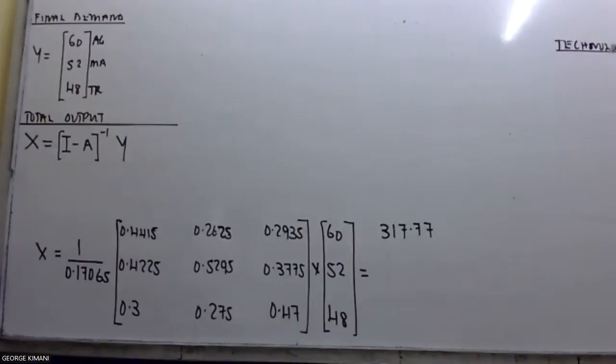Okay, then I divide these. First of all, say equals. Okay, yeah, equals 54.228. I divide now by 0.17065. Yes, I'm getting 317.77. I agree. Good. Let's do the second one.